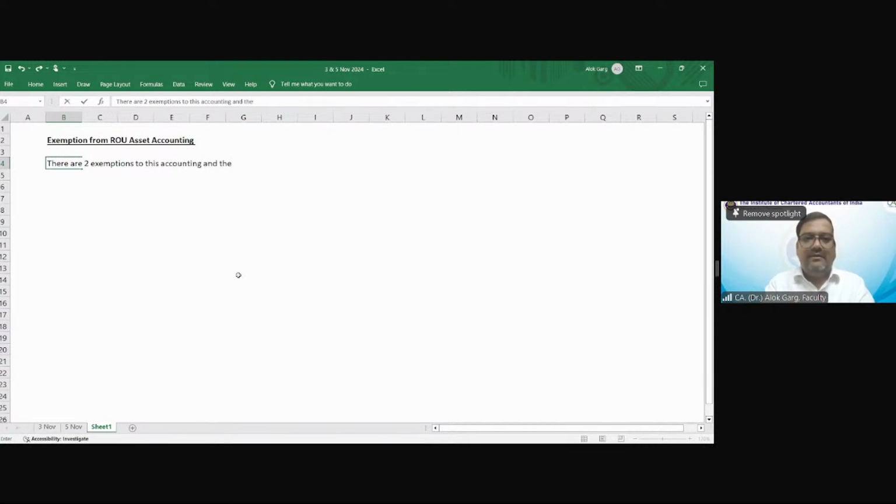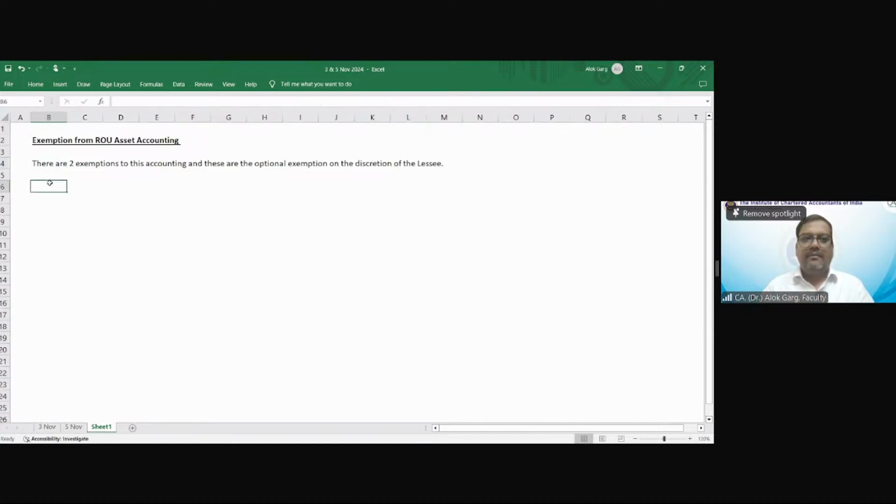These are optional exemptions on the discretion of the lessee. It is not compulsion, it is discretion. But let me tell you, every company is following this. I hope my Excel file is visible to everyone, friends.